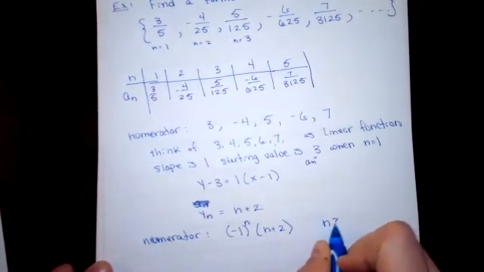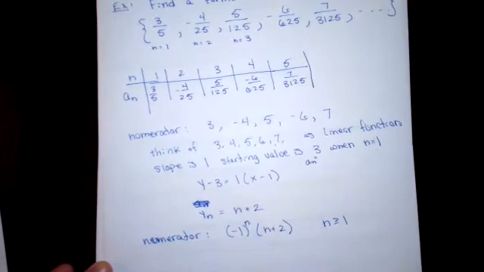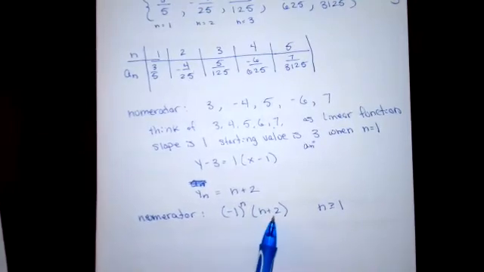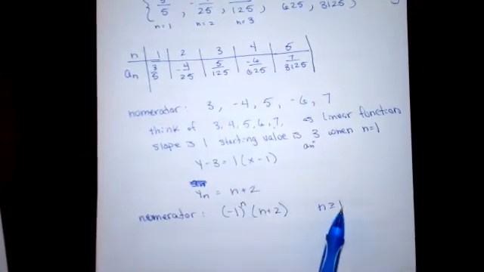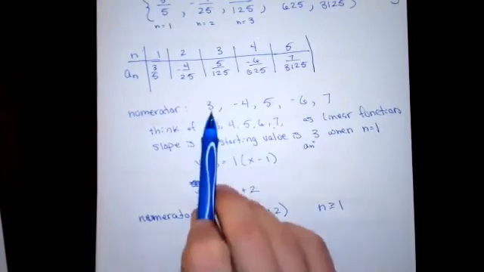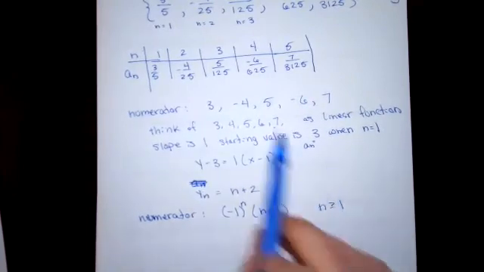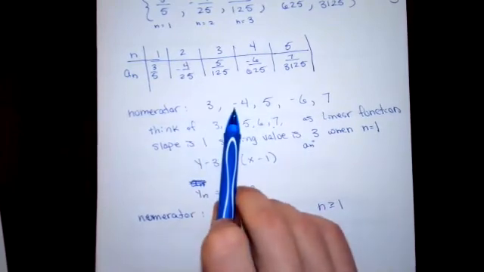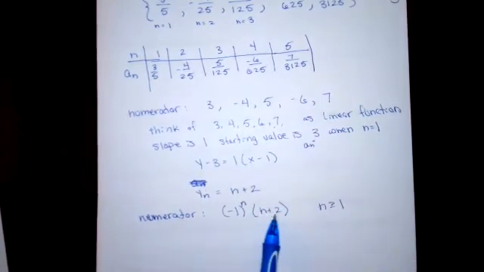Now let's always come back to the alternating part just to check that it starts at the correct value. This was my general term for the numerators, and if I plug in 1, we'll get 3. If I plug in 2, we'll get 4. 3, we'll get 5. So the index is correct with this plus 2.